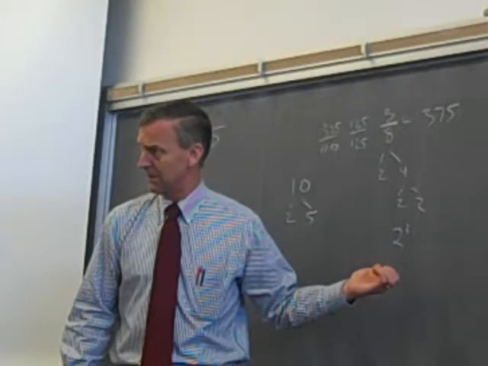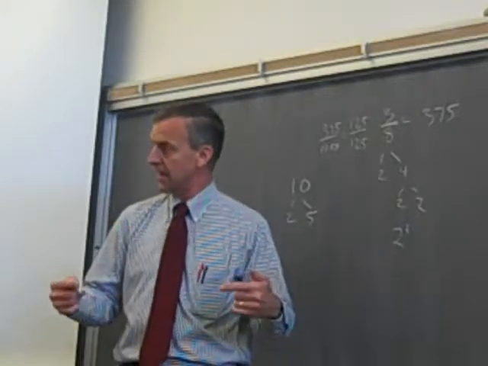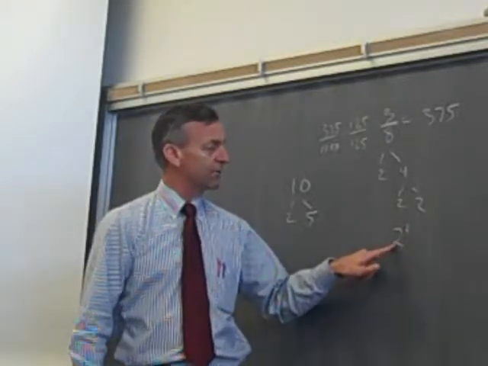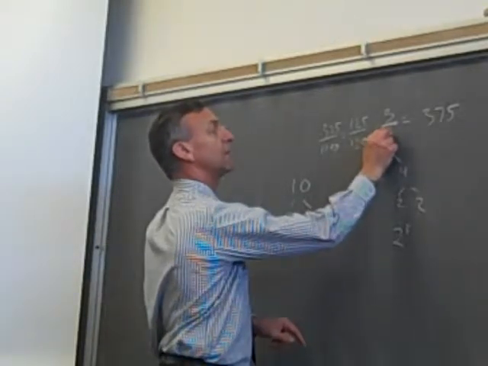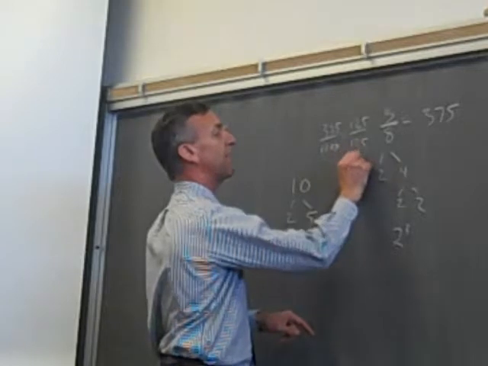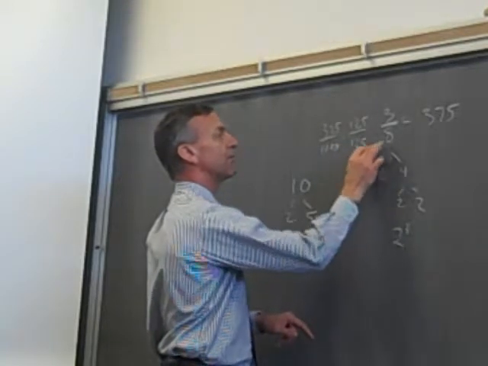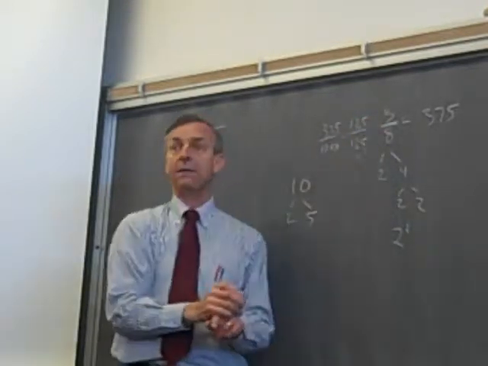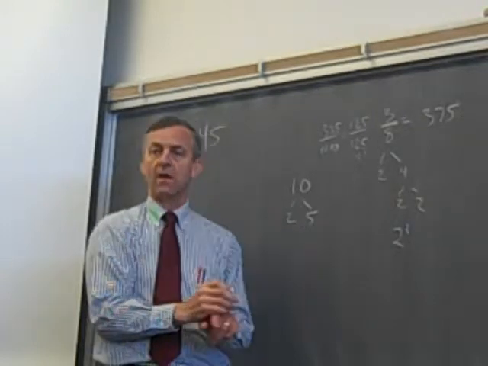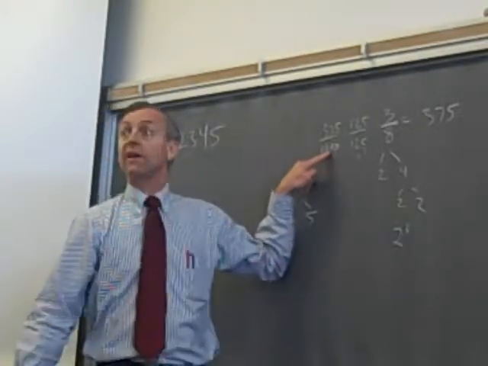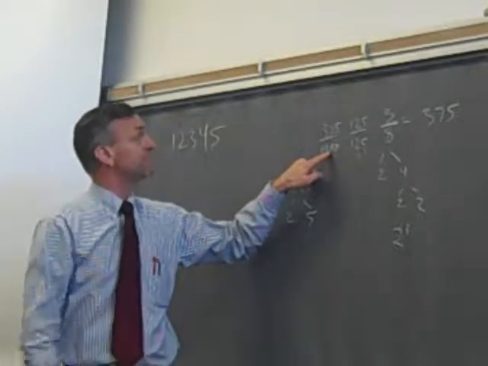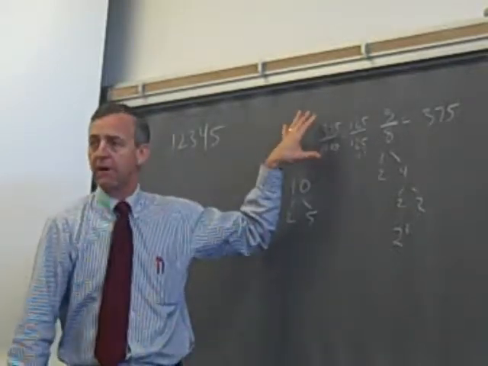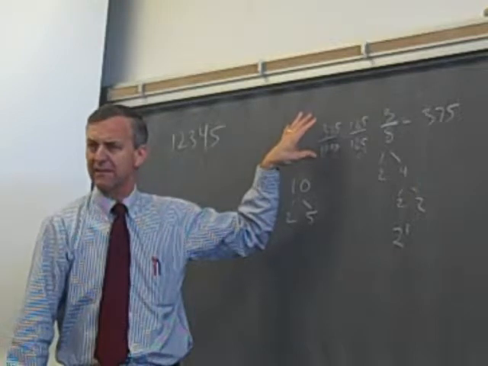Are you with me? Because 2s and 5s make up 10s. So if I took these 3 powers of 2 and multiplied by 3 powers of 5 on top and bottom, I'm going to get the 3 powers of 10 here, and the equivalent one on top. Does that make sense?